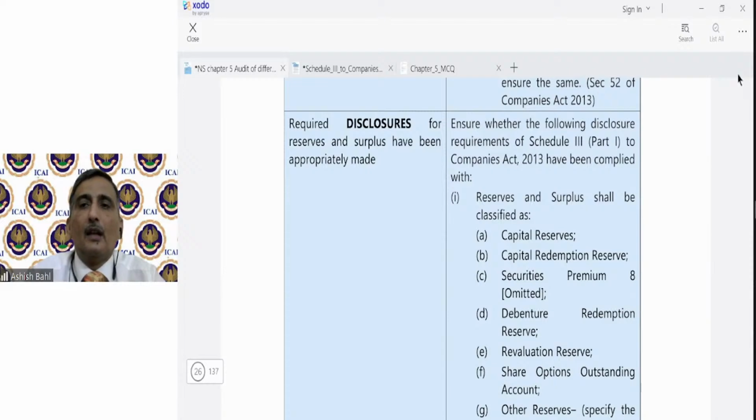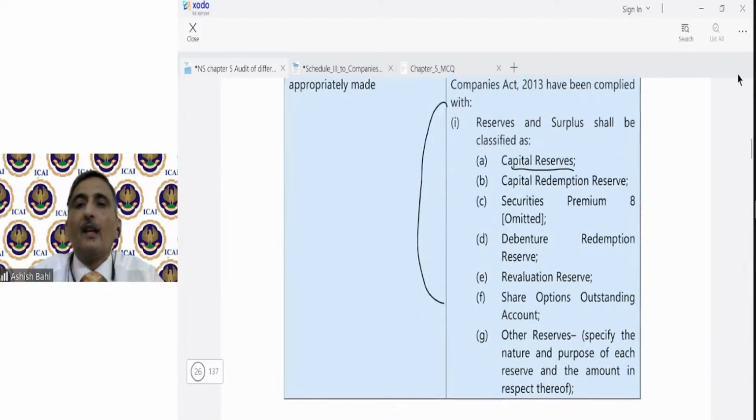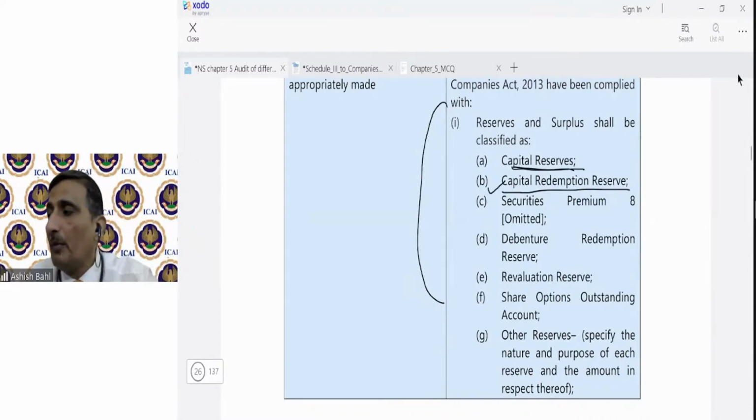So disclosures relating to reserve and surplus have to be done as under. Capital reserves have to be separately disclosed. Capital redemption reserves have to be disclosed separately. If there is capital redemption reserve, it has to be disclosed.